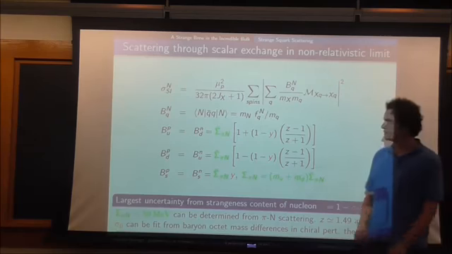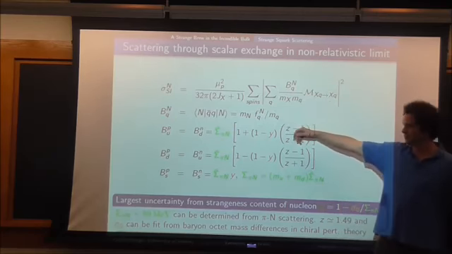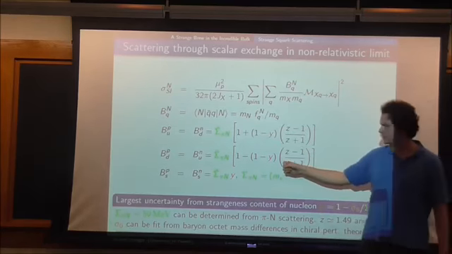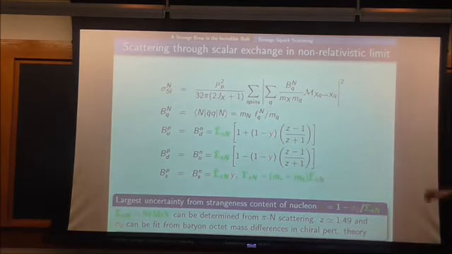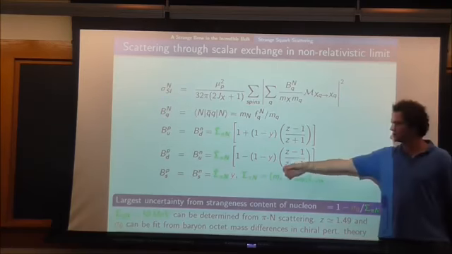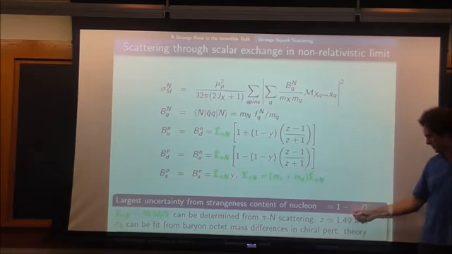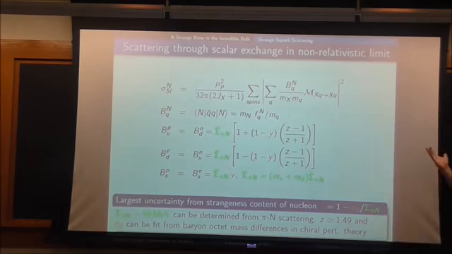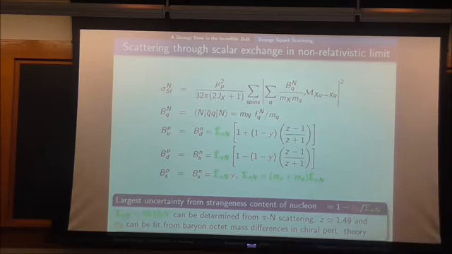If you write your spin-independent scattering cross-section like this, you can define your integrated nucleon form factors here and calculate them based on measuring sigma pi N, which you get from pion-nucleon scattering, and the strangeness content of the nucleon, which is this y, or equivalently measuring sigma naught, which you calculate from chiral perturbation theory. You can get wildly different answers for the size of sigma naught depending on what order you go to in chiral perturbation theory.